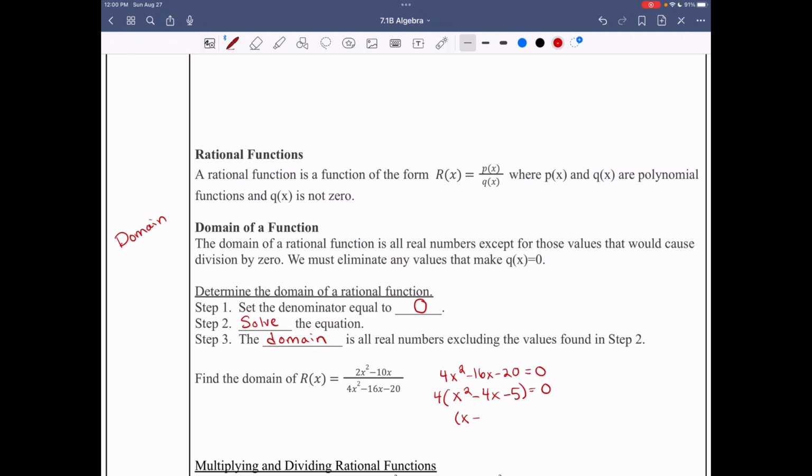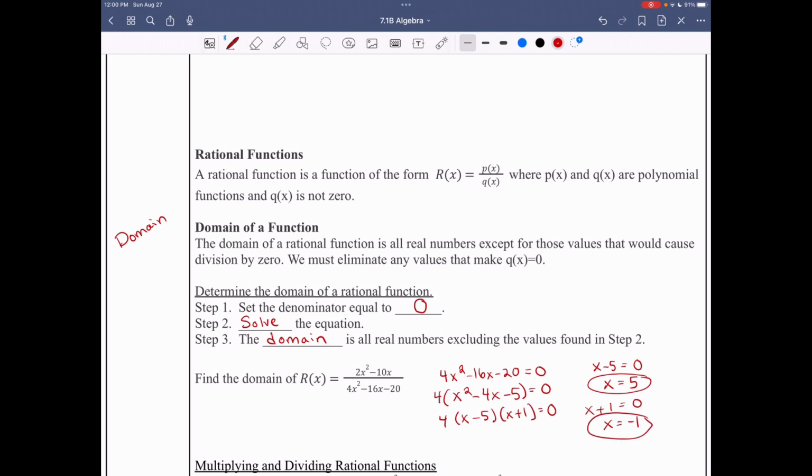That would be x minus 5 and x plus 1. The 4 we don't really need to worry about, but x minus 5 equals 0, so x equals positive 5. And x plus 1 equals 0, so x equals negative 1.